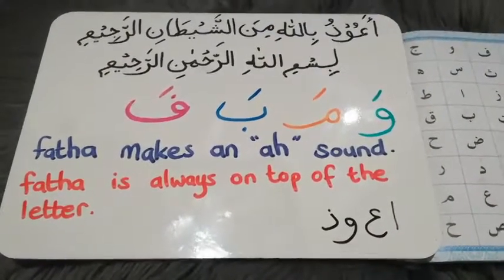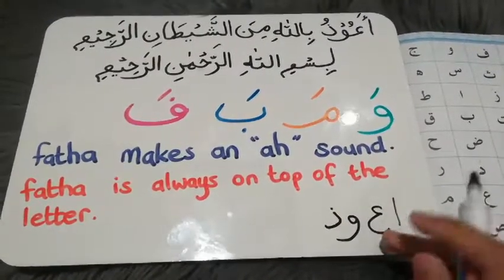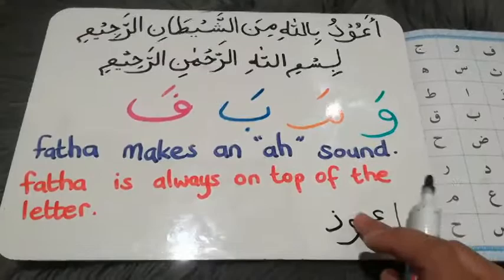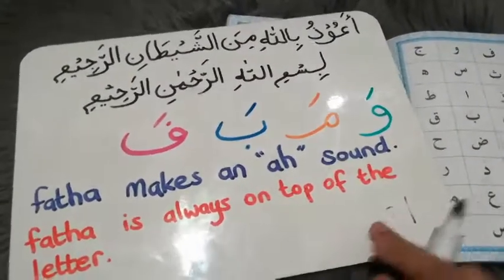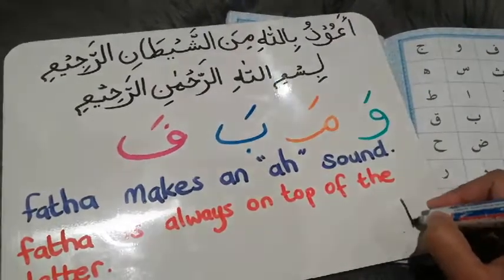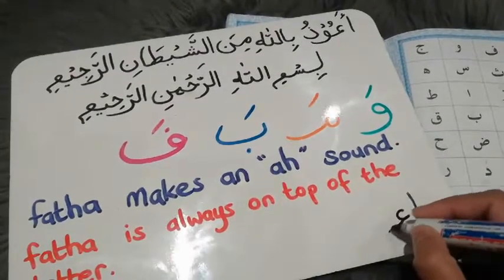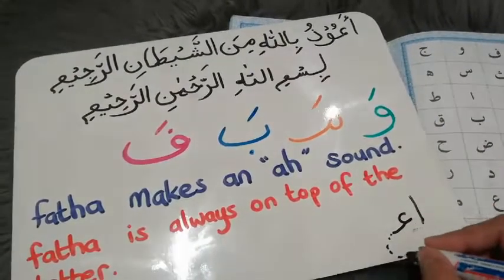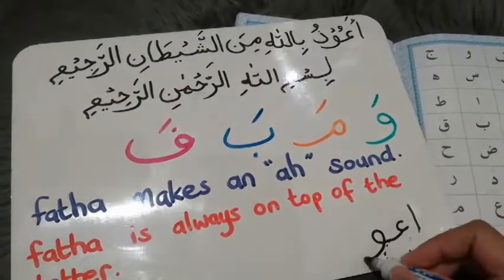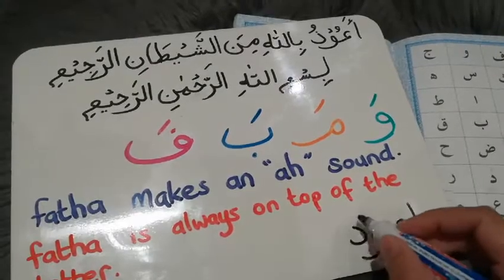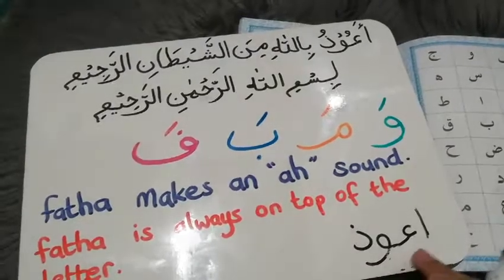Imagine how big the Quran would have had to be. So for that reason, we start joining them. So we create a word by sticking them together. So instead of having a long word, it's going to be shorter, where we take the ain, we cut the head off from the body. We're taking the body away. We're leaving the head. We're joining it to the waw. And then we're putting the dal next to it. Can you see that? Where we're taking off the bottom part of the ain.